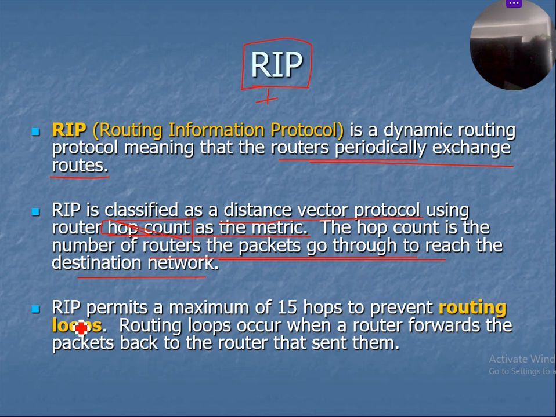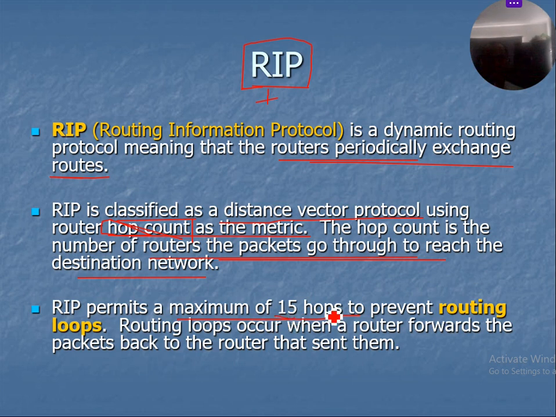Now RIP, the Routing Information Protocol, permits a maximum of 15 hops, meaning the maximum number of routers that a data packet can pass through is 15. The maximum number of routers that a data packet can pass through successfully, without the packet being returned to the source router, is 15.